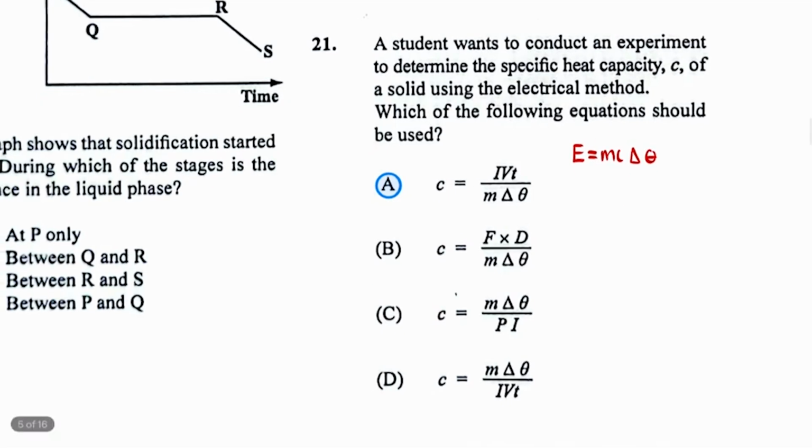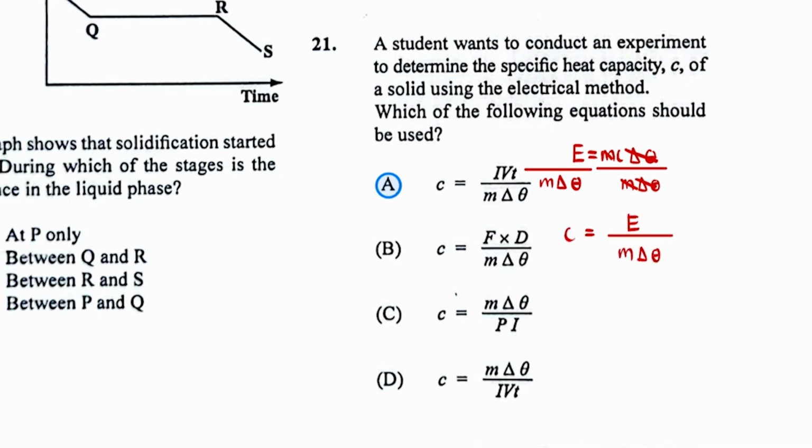If I want to make C the subject, first of all, I would have to divide both sides by mΔθ, so that on the right hand side, the m's would cancel off and the Δθ's would cancel off. So I end up with C = E / (mΔθ).